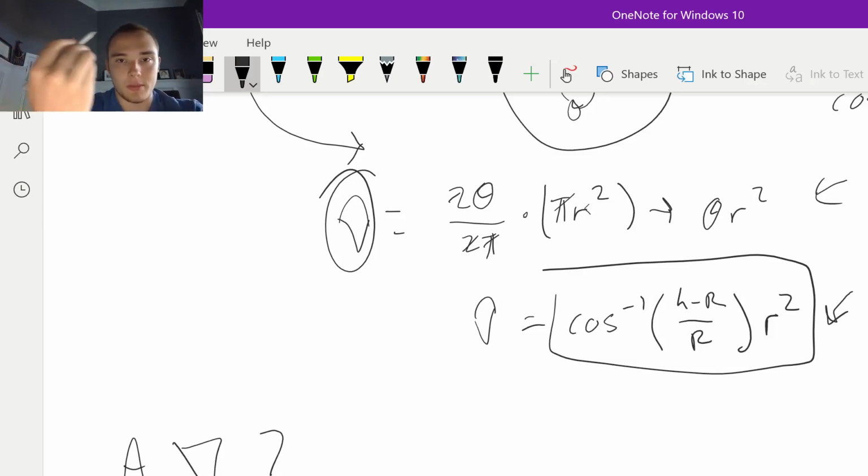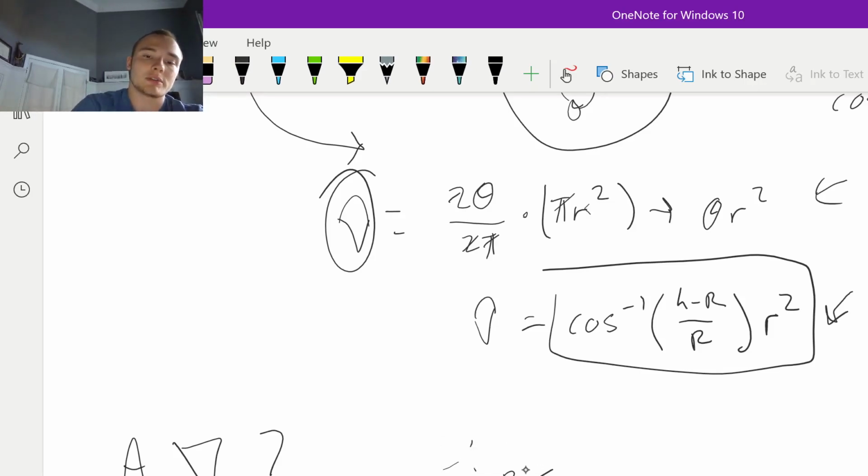So I don't have to keep scrolling back up and down, I'm going to draw another circle with our picture. We have a radius r, and then we have our water level, height h minus r. What we don't have is these bases right here. I didn't draw the picture very well, so I'm going to redraw it so I can explain it a little better.